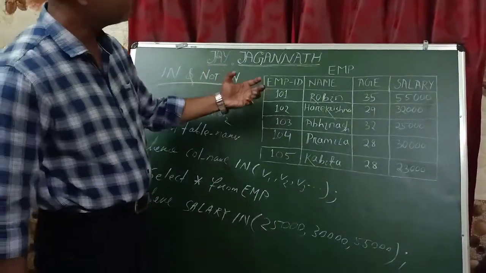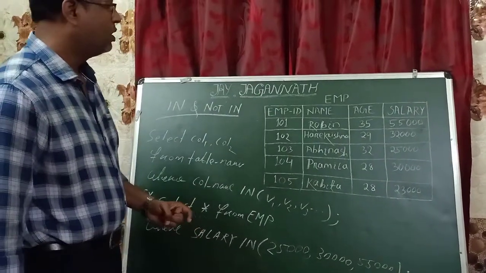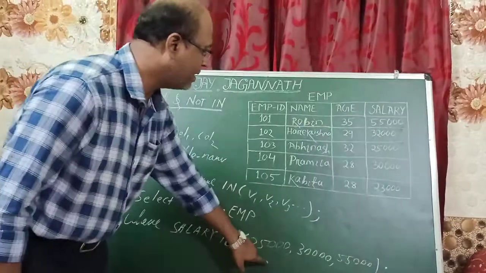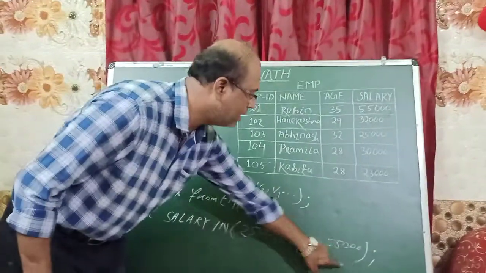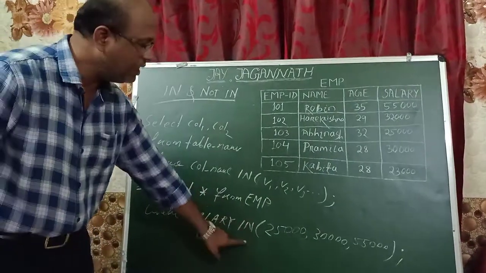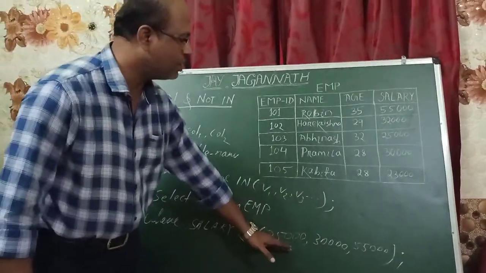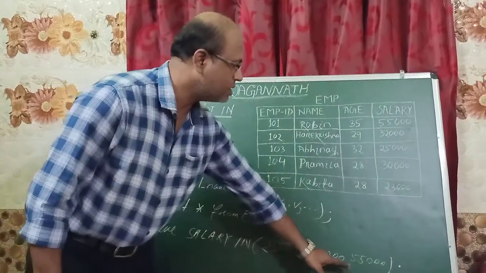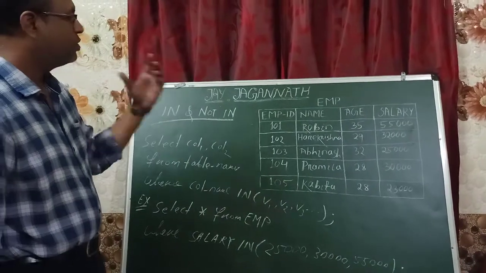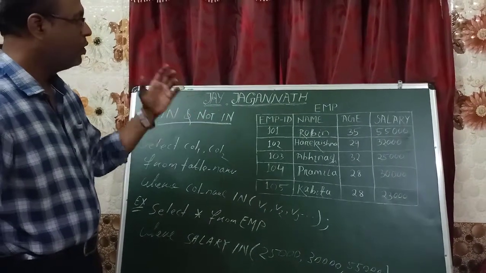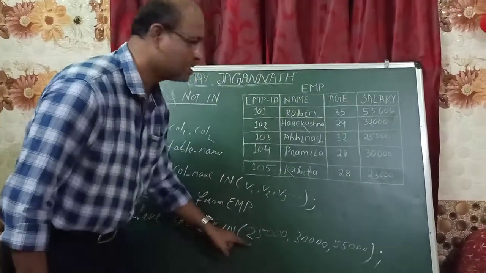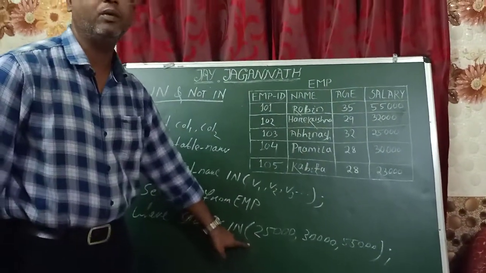It means our intention is to retrieve such records whose value matches the values mentioned in the list inside the IN keyword: 25,000, 30,000 and 55,000. Our intention is to retrieve the records whose salary value matches the list inside this IN keyword.